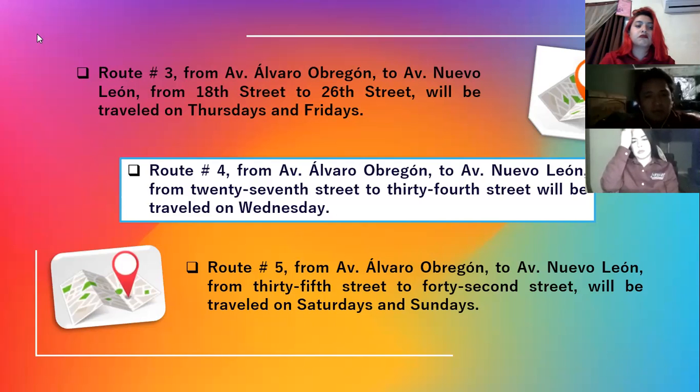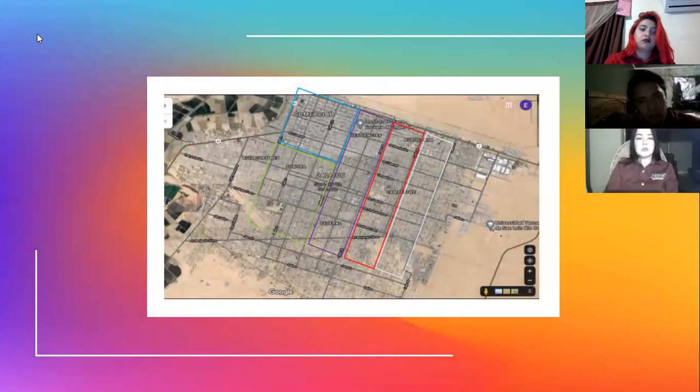Route 5, from Álvaro Obregón Avenue to Nuevo León Avenue, from 35th Street to 42nd Street, will be traveled on Saturday and Sunday. This is a little map of all the routes and the areas we selected in San Luis, Colorado.